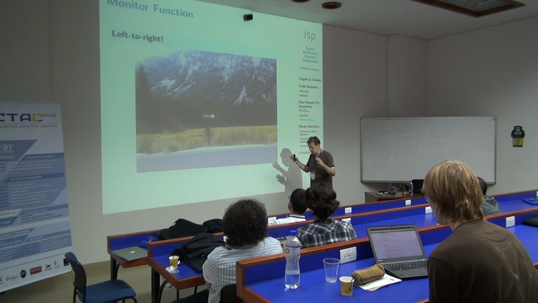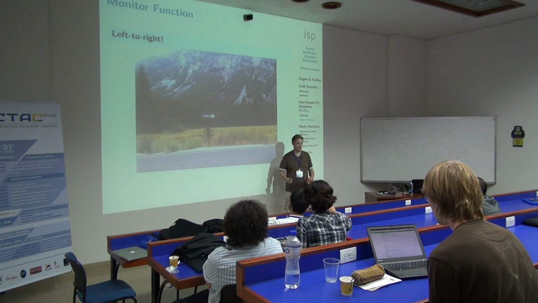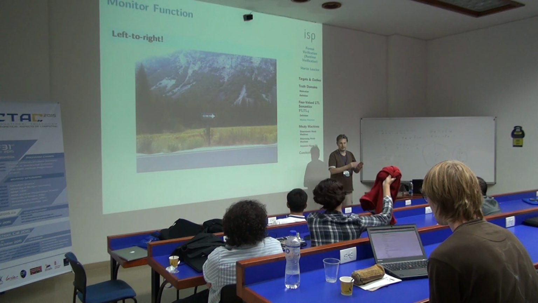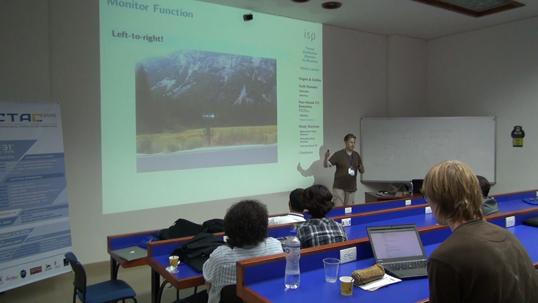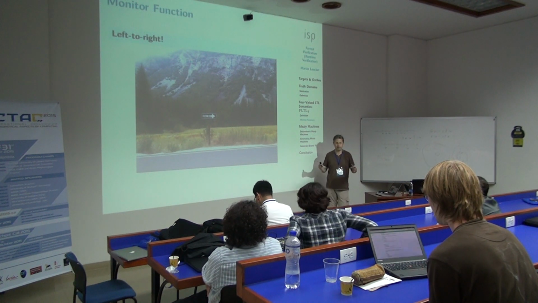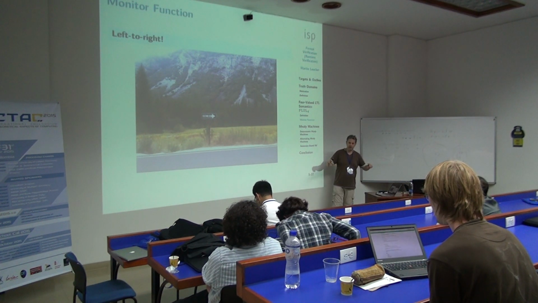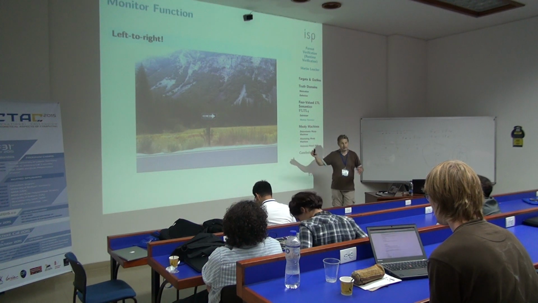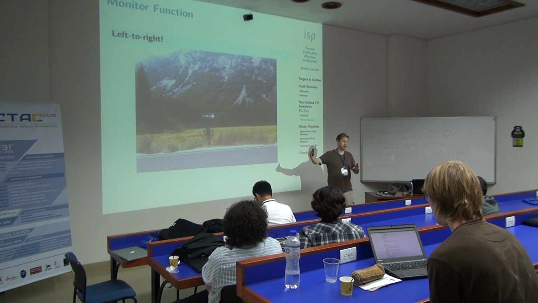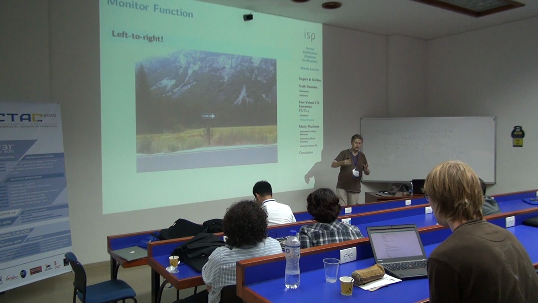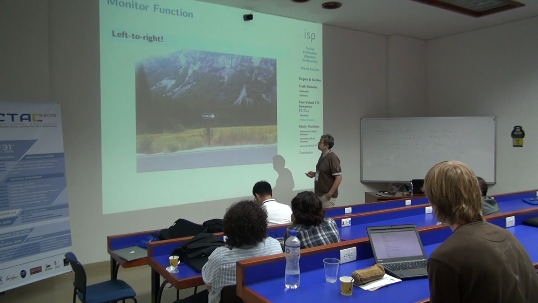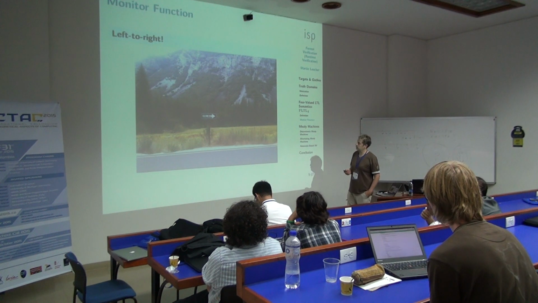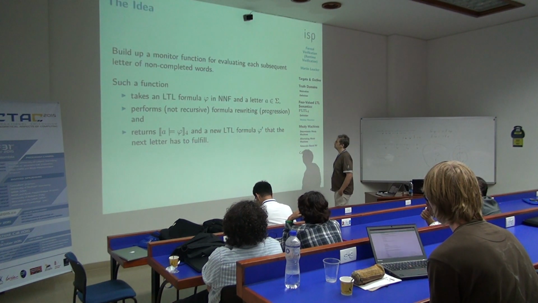In the previous example, we had the finite trace given and also processed it from left to right, but it was not so important because we could also go backwards, whatever is suitable, since we have the whole trace given. But now we are looking at a system that may run for years, and we want to check continuously what happens. So we want a monitor procedure going from left to right.